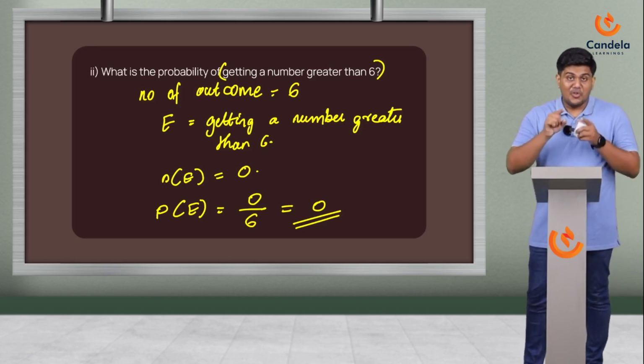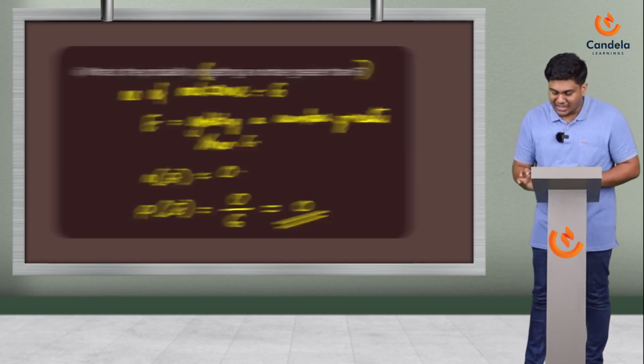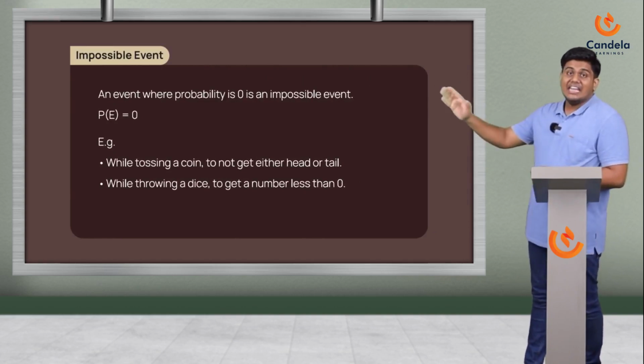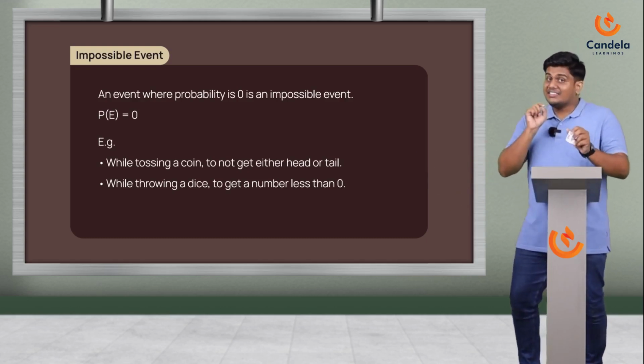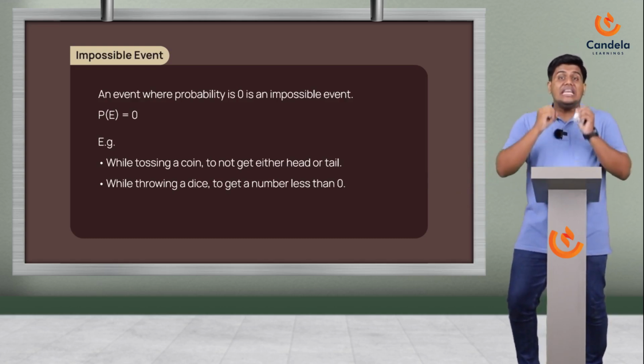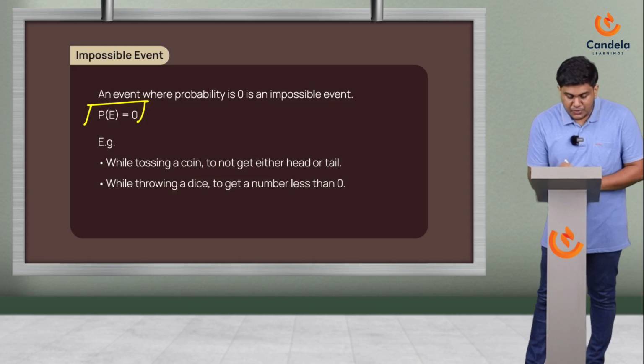Now, you can probably guess what this kind of event is called. It is called an impossible event. An impossible event is an event where the probability is 0, or P of E is equal to 0.